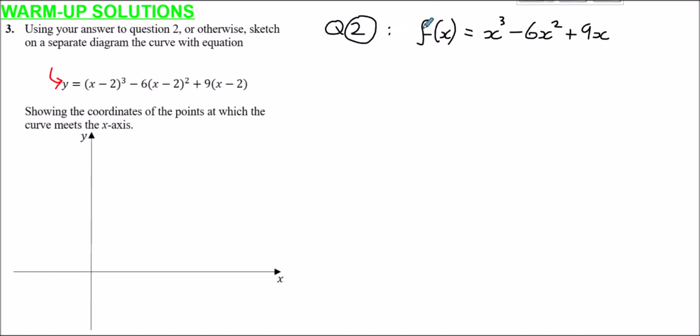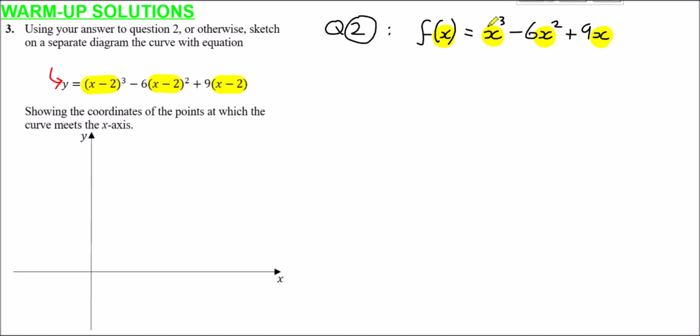So if we have a look at question 2, our function x cubed, then minus 6 lots of the input squared, then added 9 lots of the input. If we now compare the input here, x, and what's happening to it, with x minus 2, it's exactly the same function.